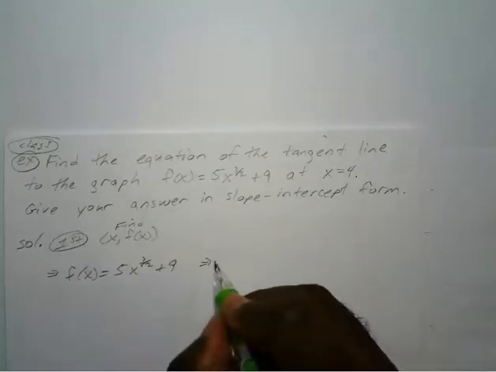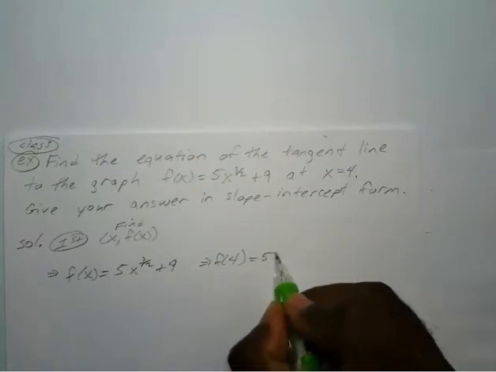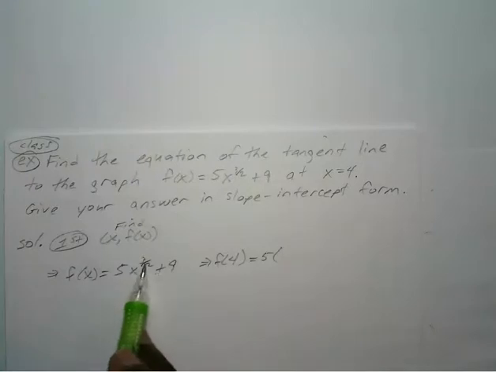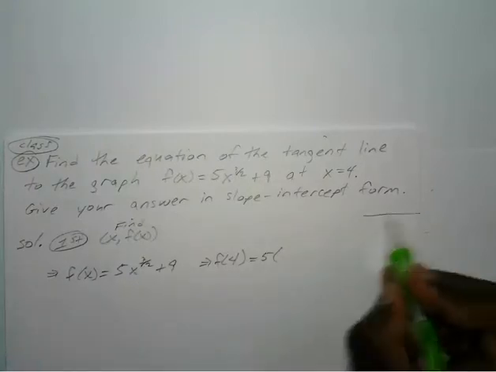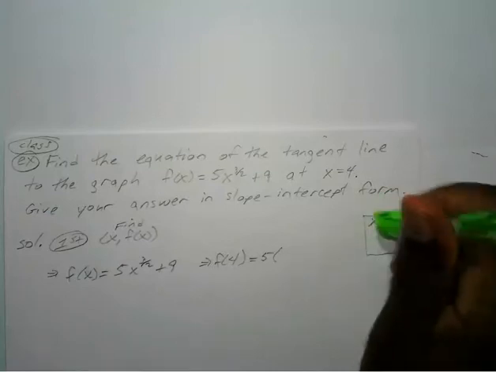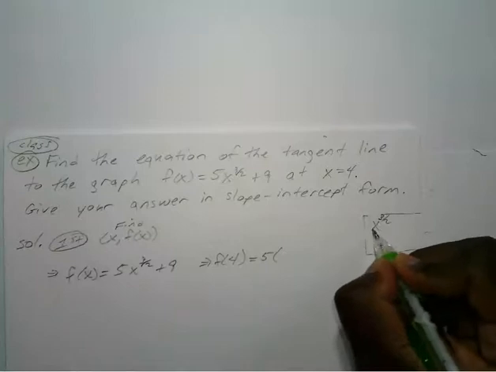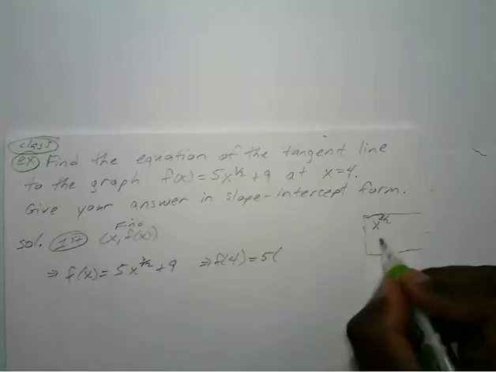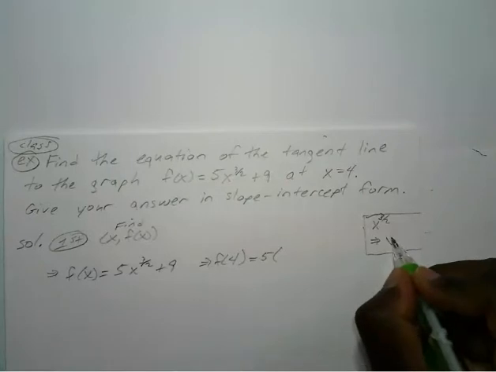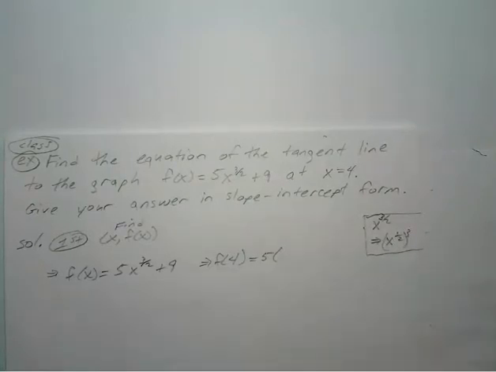And at x equals 4, f of 4 is equal to 5 times x to the 3/2. You clean that up a little bit. Instead of x to the 3/2, I'm just going to rewrite it as x to the 1/2 power raised to the 3rd power.